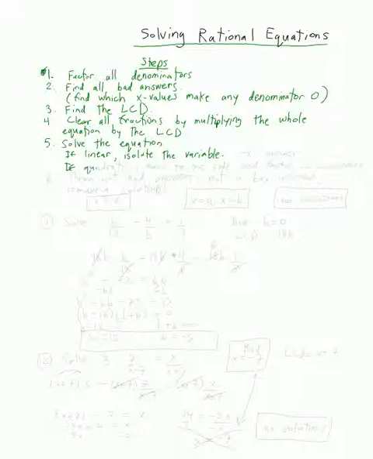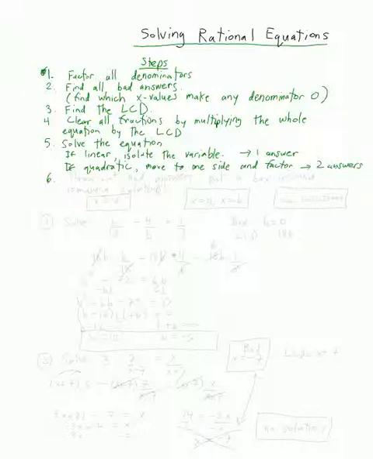And if it's quadratic, remember quadratic means that it's degree equal to 2, sorry. If it's quadratic, move to one side and factor. Remember, linear leads to one answer and quadratic leads to 2 answers.